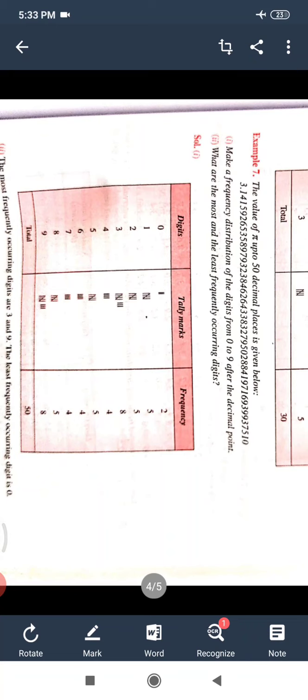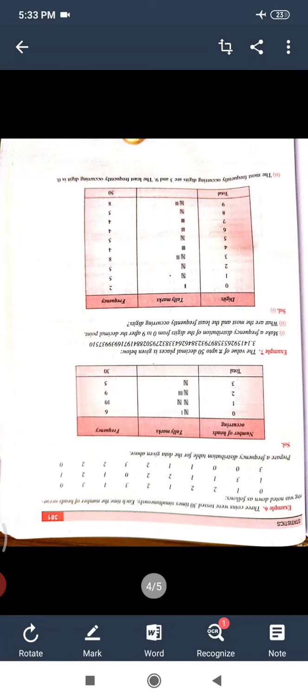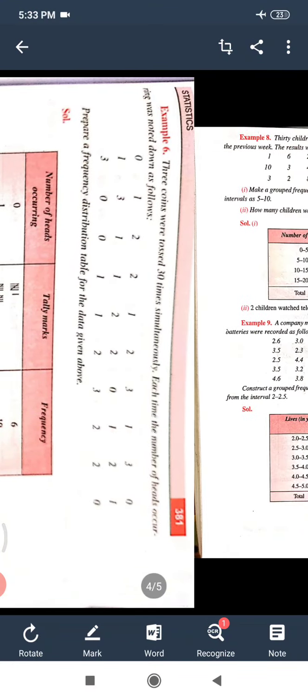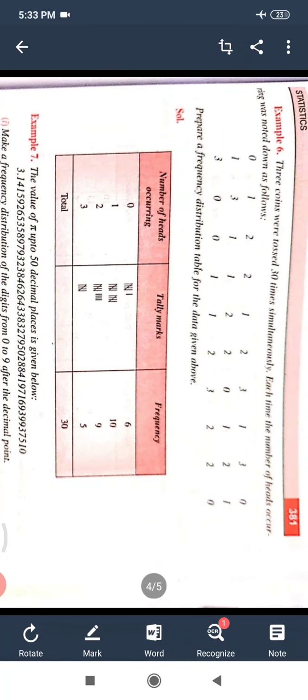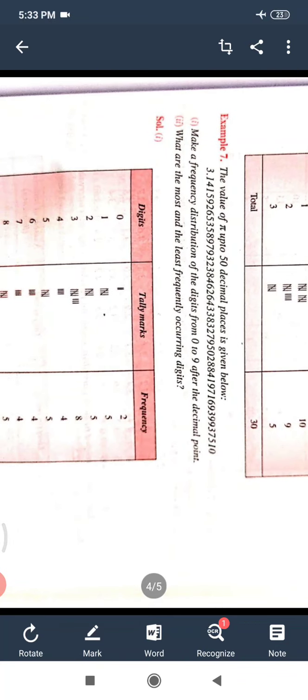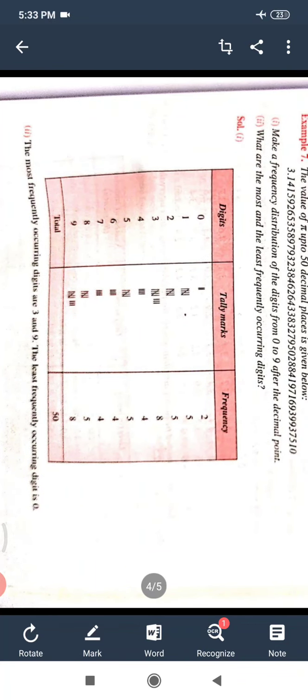5 times. Then how many times 3? Calculate. Do not consider the 3 before the decimal. After the decimal 3, how many times? 1, 2, 3. 8 times.